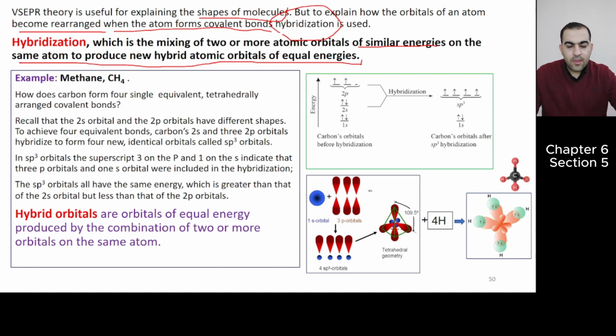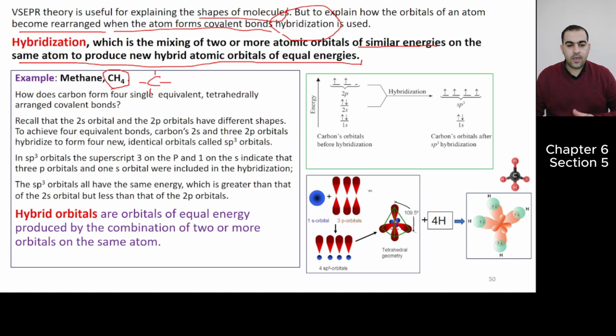Now guys, we're going to just talk about carbon, how carbon makes 4 single bonds. When carbon makes 4 single bonds, it makes bonds with 4 other atoms. So it's tetrahedral. Yes, example, CH4.